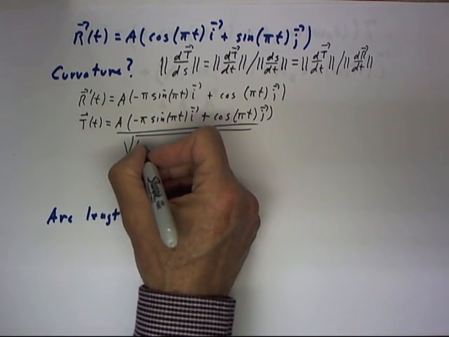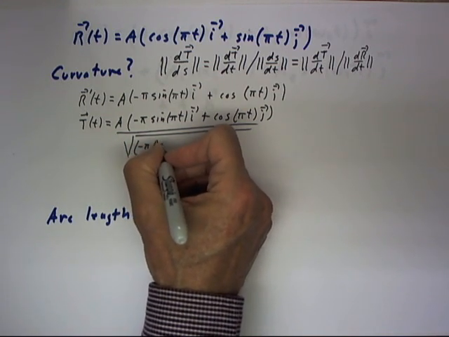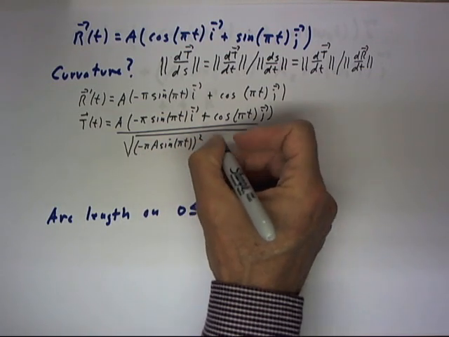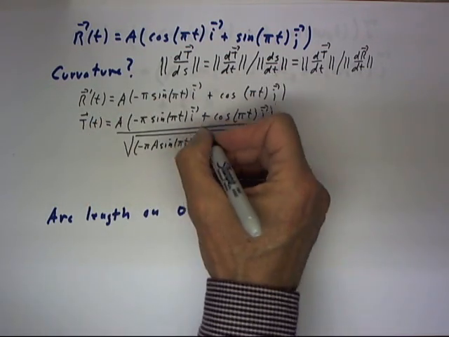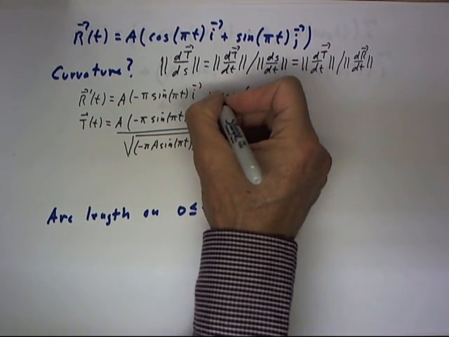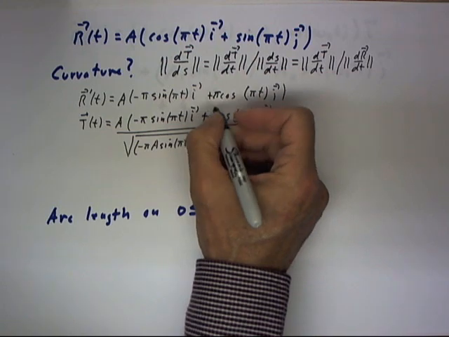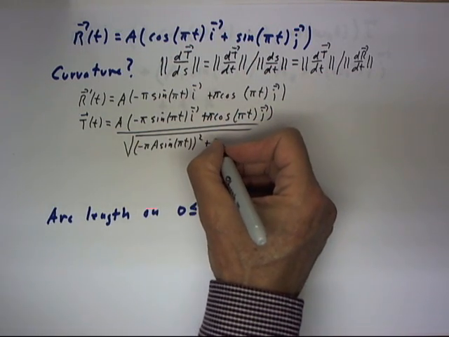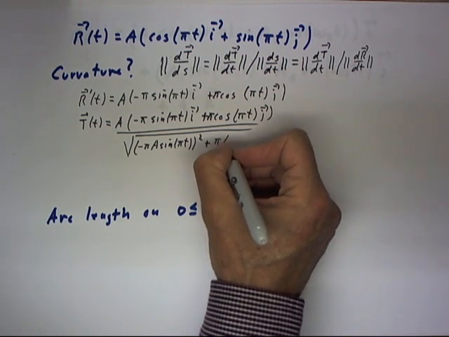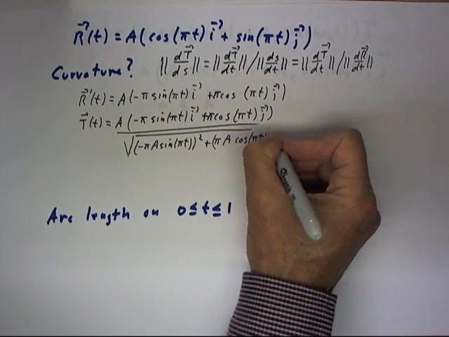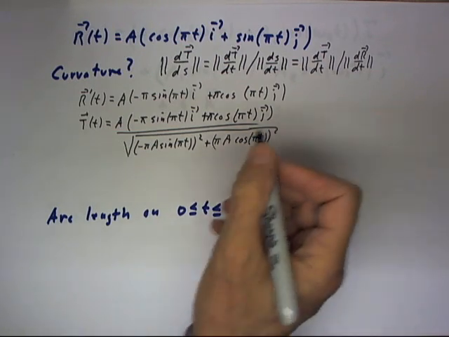That's going to be negative pi a sine of pi t quantity squared plus, and it looks like I lost my pi here, okay, pi a cosine of pi t quantity squared.